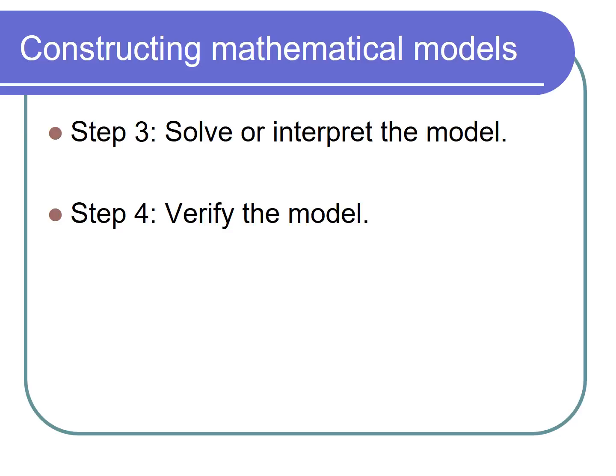Then since we're dealing with mathematical models, we're really meaning equations, at least oftentimes. And so then we're interested in solving those equations and therefore solving the model or interpreting the model. And then we compare the results from our solution mathematically with the results from, quote, real life to see how accurate that model is.